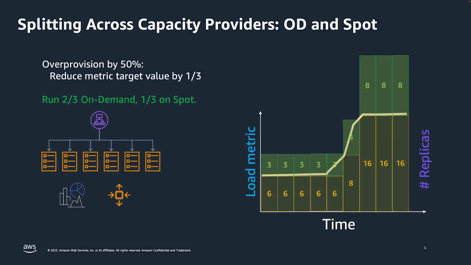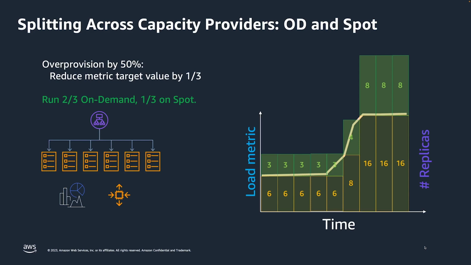ECS has a built-in feature where you can distribute capacity across on-demand and Spot pretty easily. One of the big reasons you might want to split tasks across capacity providers is being able to leverage Spot infrastructure. Services usually need to over-provision to run more tasks than you think you need to handle temporary spikes in traffic. In such a scenario, some of your tasks are base capacity, and other tasks are extra.